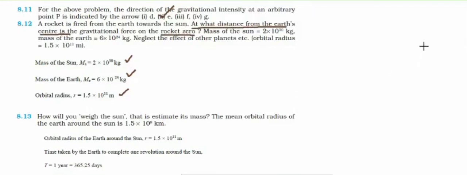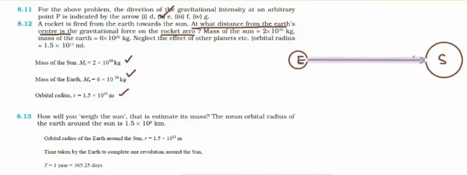So here we can take the sun, then we can have the earth, and the rocket is sent from earth to sun.